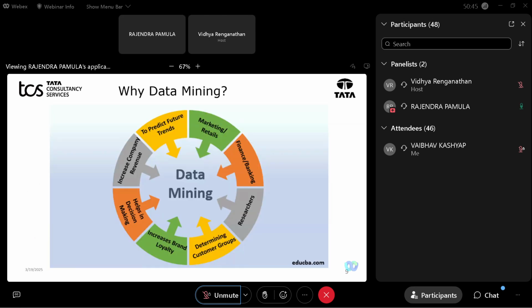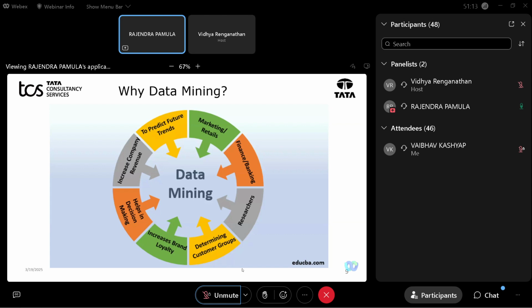In the same context, if you are starving for knowledge, that knowledge can be categorized into different areas: it helps in decision making, increases brand loyalty. Someone was saying Nike. So how do you increase the loyalty of that brand?